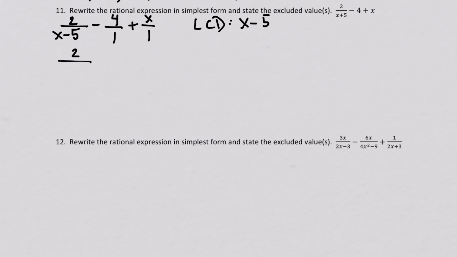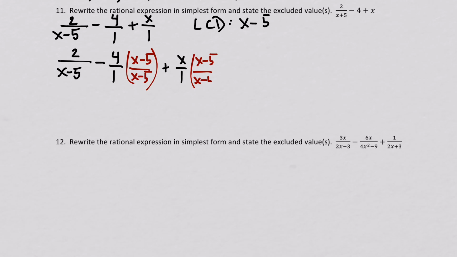So this is what you're going to have. 2 over x minus 5, that's the first one, minus 4 over 1 times x minus 5 over x minus 5, because I wanted to have the same denominator, plus x over 1 also times x minus 5 over x minus 5. See that?